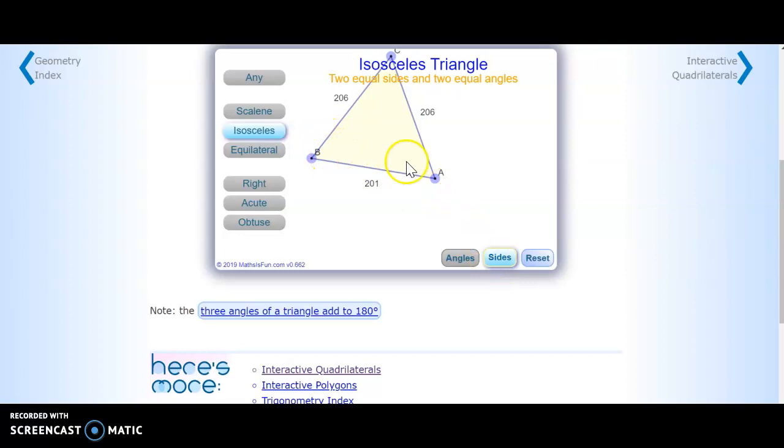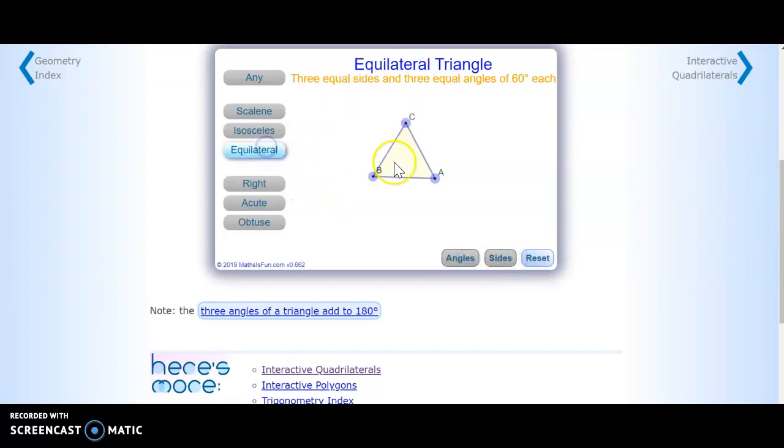Therefore, these 2 angles, angle A and angle B, are equal. So if I click on it, you see that? Whenever 2 sides are equal, the angles that are opposite those 2 sides are always equal. Remember that. Then if I click on equilateral, we said that equilaterals always have angle measurements of 60, right? Always, always. And then the side lengths, they're all 100.